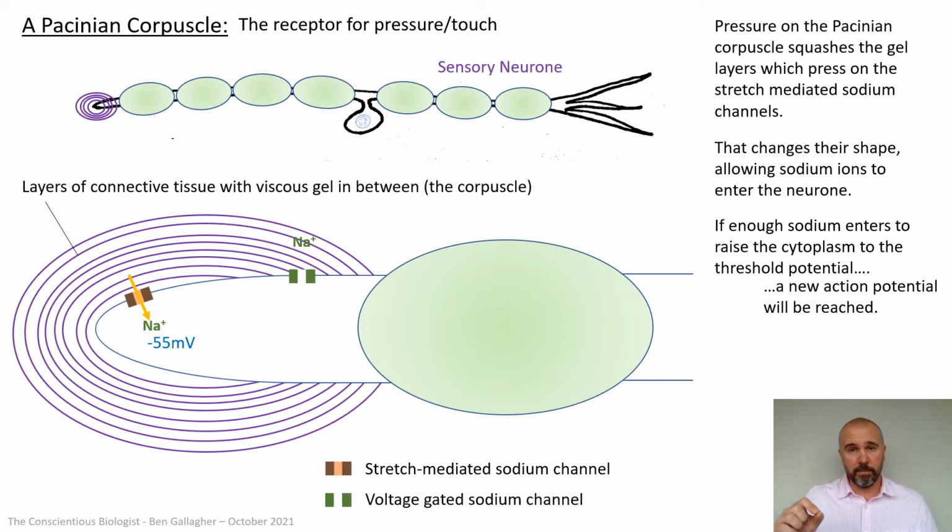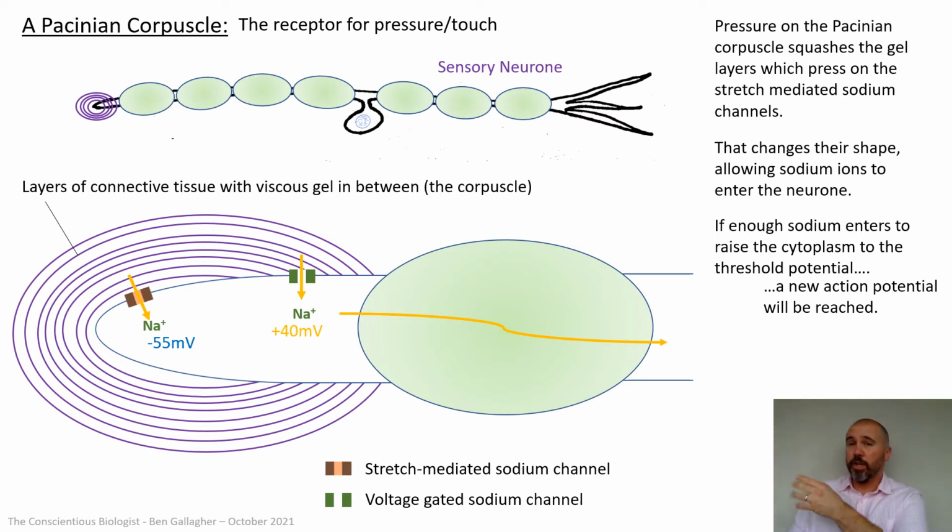That generator potential, which is the same as the threshold potential, it's -55, is going to trigger the opening of the voltage-gated sodium channels, which of course is what's going to cause our new or first action potential in the neuron. Once we've got that first one, that's where the sodium can then diffuse down.